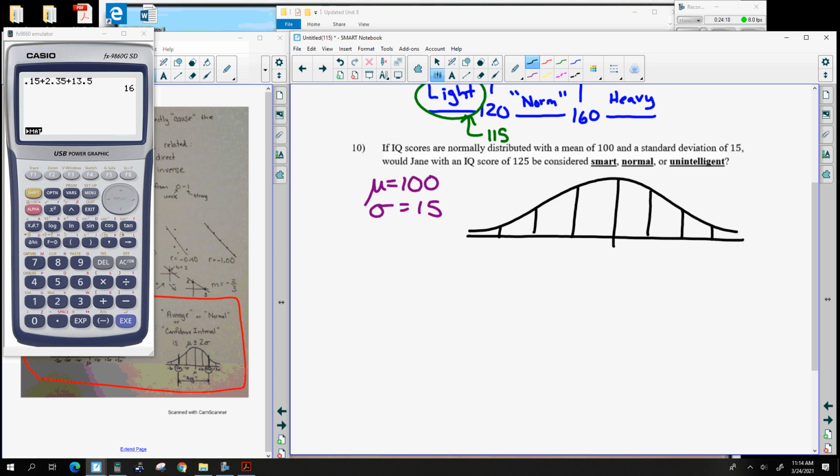So the average is 100. Standard deviation is 15. So 100 plus 15, plus 15, plus 15. 100 minus 15, minus 15, minus 15.